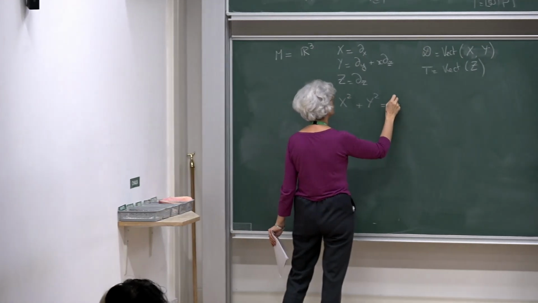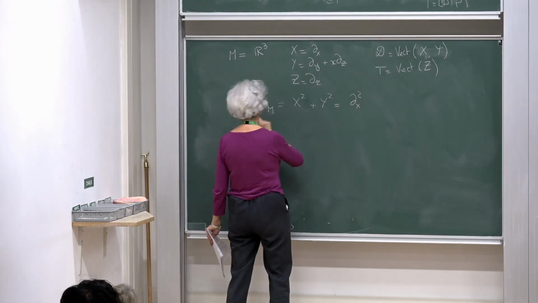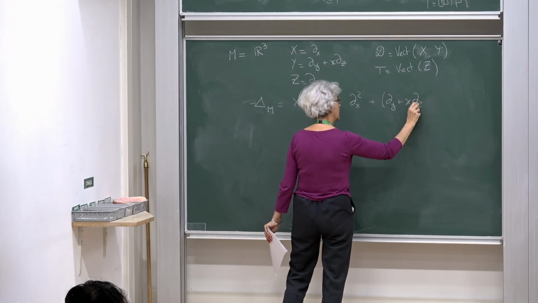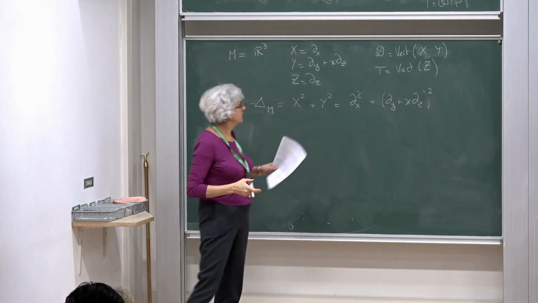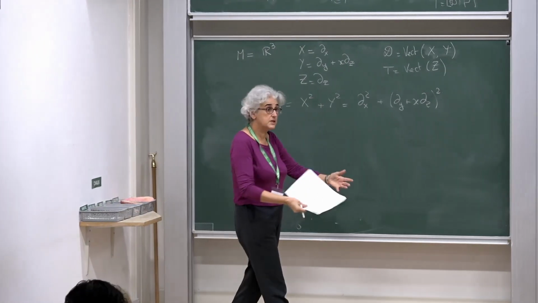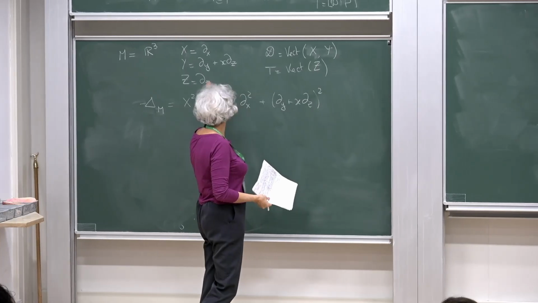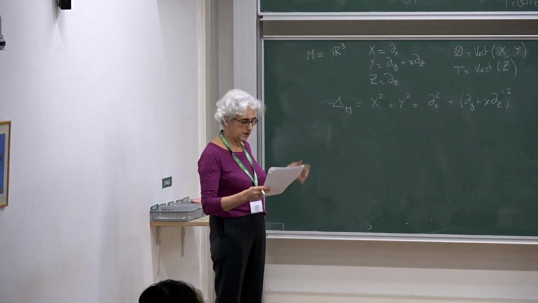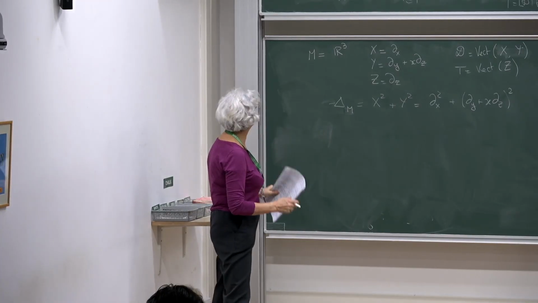So it's a sum of squares, dx squared plus (dy plus x dz) squared. If this is the operator that you want to work with because it comes from your PDEs, then the vector fields X and Y will play a pretty special role. We will see more about it later.